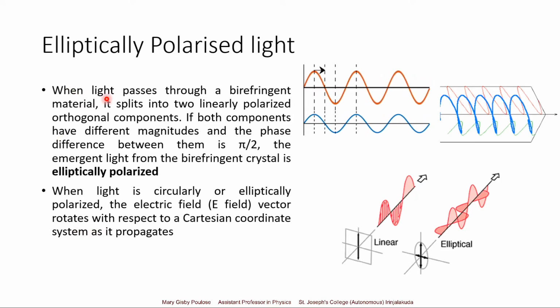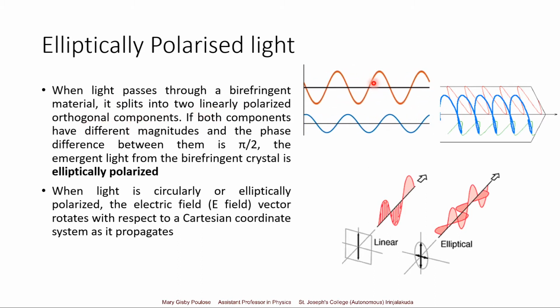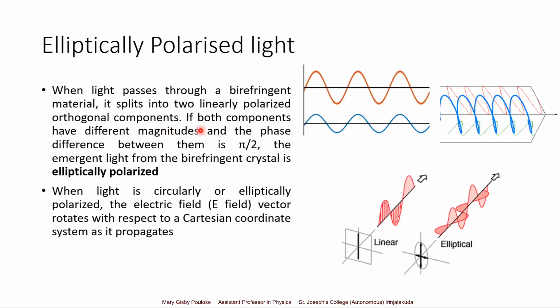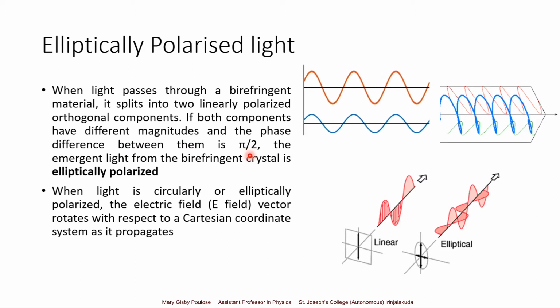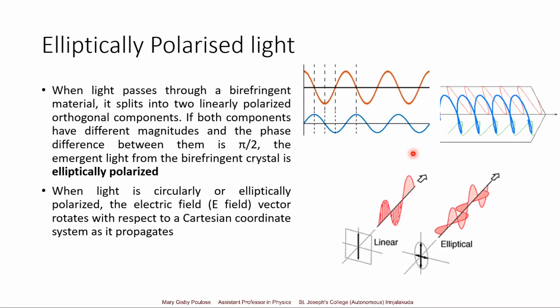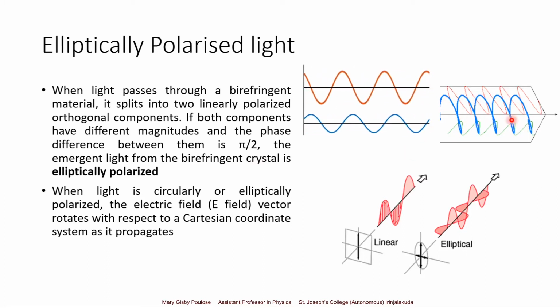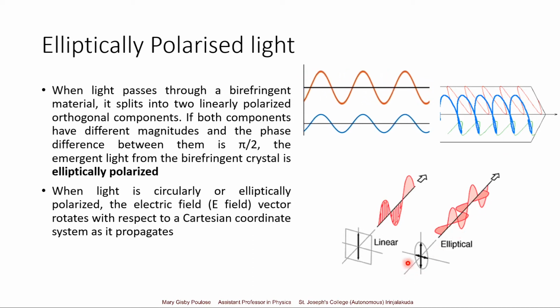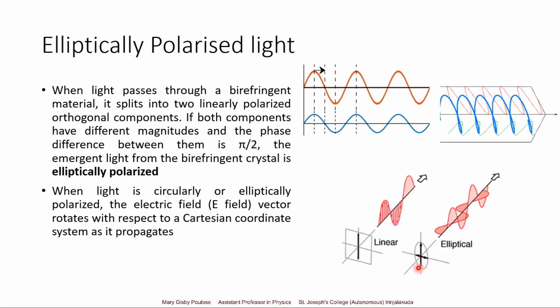So here, when light passes through a birefringent material, it splits into two linearly polarized orthogonal components, O ray and E ray. If both the components have different magnitudes and the phase difference between them is pi by 2, the emergent light from the birefringent crystal is elliptically polarized. It will be of this nature, elliptically polarized. So the electric field vector will trace the path along this ellipse.